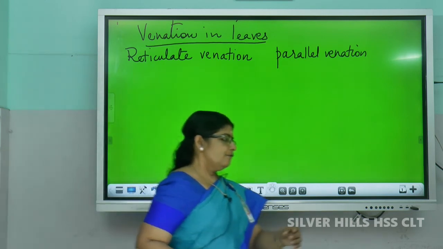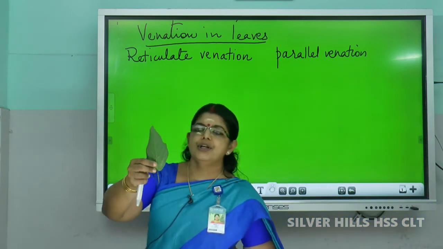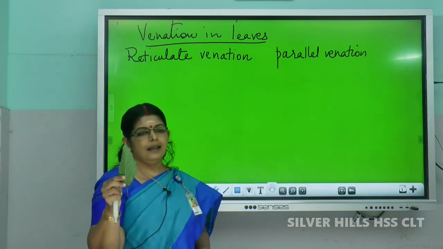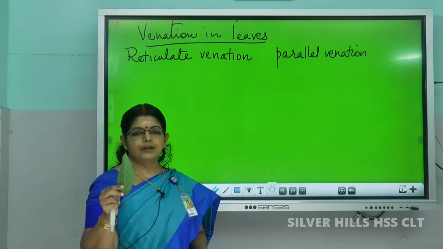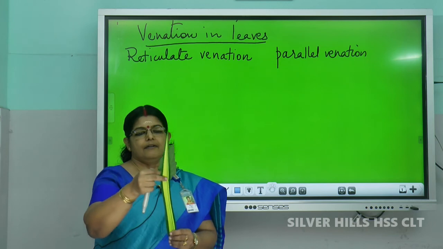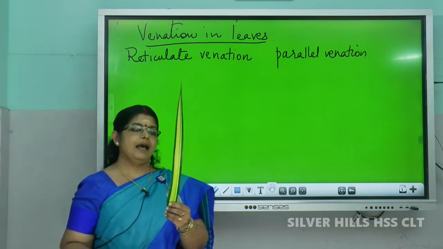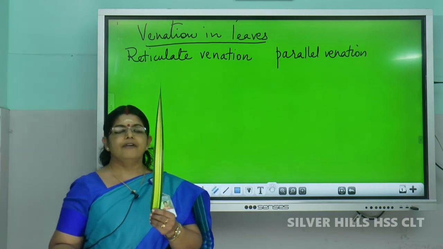If the leaves are having reticulate venation, they have taproot system, and if the leaves have parallel venation like this, the plants are having fibrous root system.